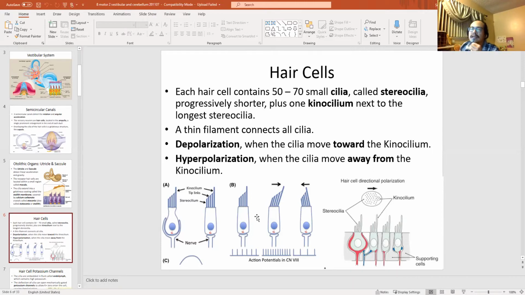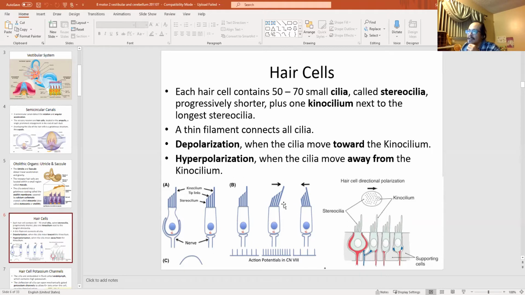Well, in each organ, these hair cells are organized in a way that they have some polarization. That means that these hair cells typically have the same orientation, like the kinocilium are always on, say, one side of the entire organelle.